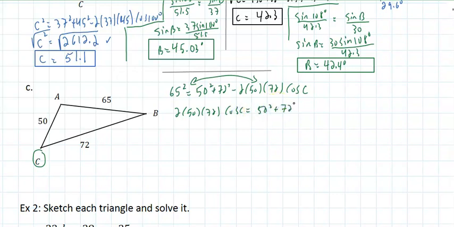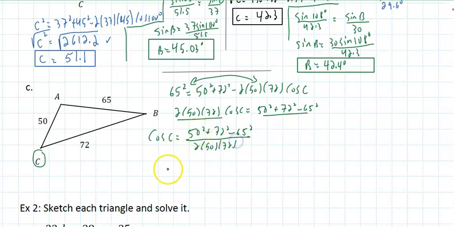Of course, I could evaluate those on my calculator, but if I divide both sides by this, I'll get the cosine of C to equal 50 squared plus 72 squared minus 65 squared divided by 2 times 50 times 72, and C will be the inverse cosine, and I don't have to worry about the two cases because cosine is positive or negative, makes no difference. There's only one answer.